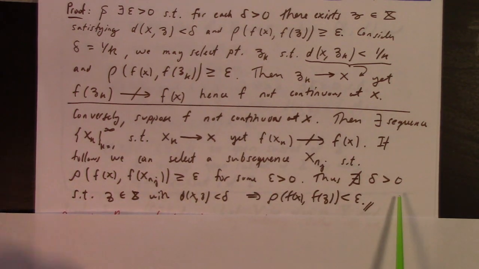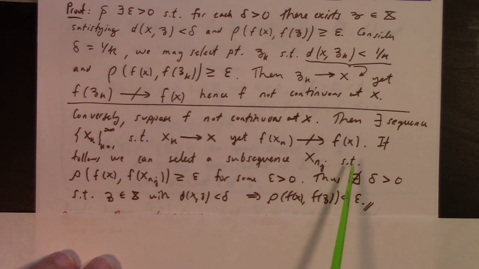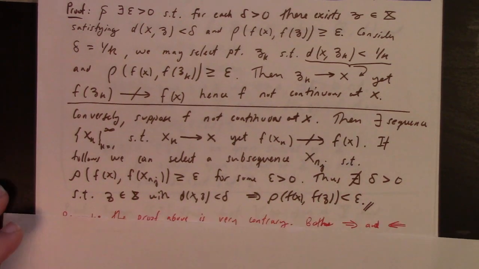And so there does not exist a delta greater than 0 such that being within delta units of x implies that we're within epsilon units of f of x. All right, because of this data right there.